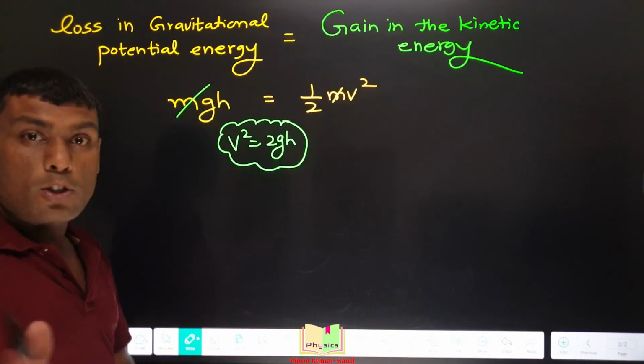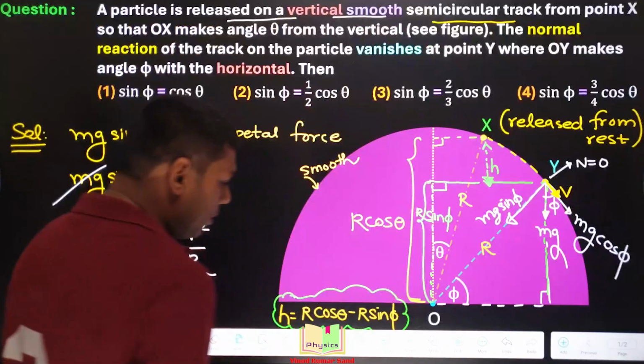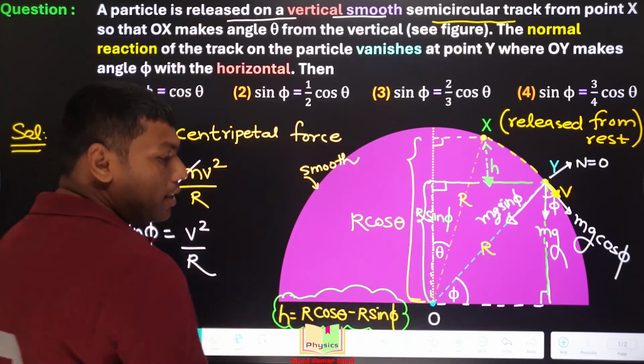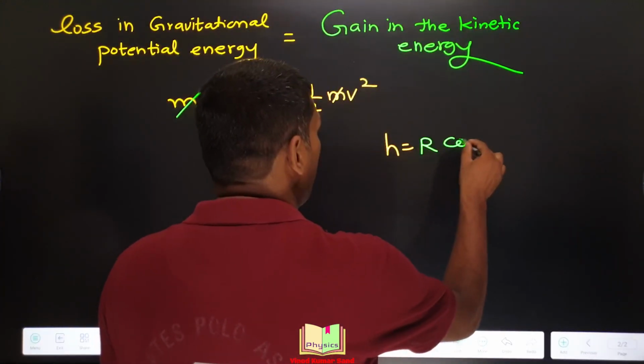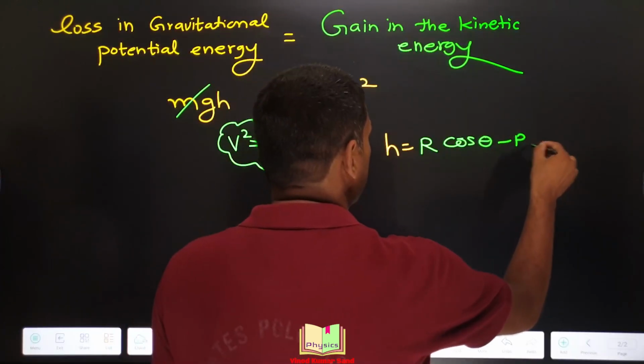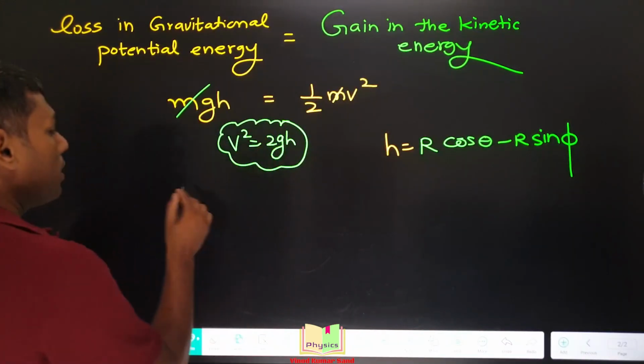And the value of h is also known to us. h was present on the previous page, r cos theta minus r sin phi. Okay, put in the data here.